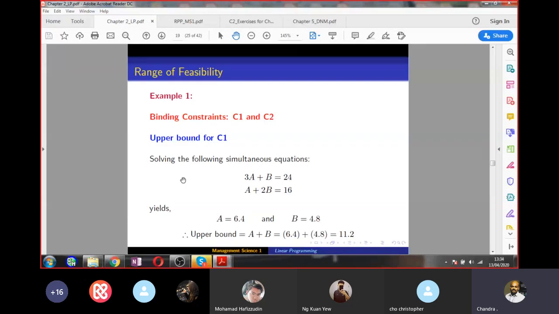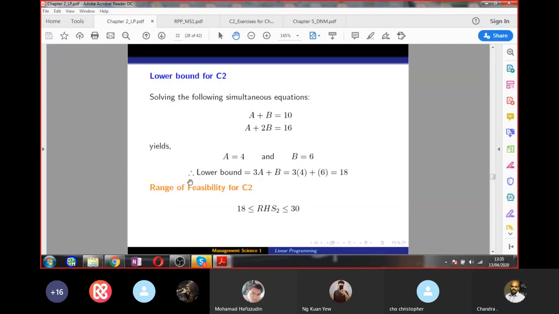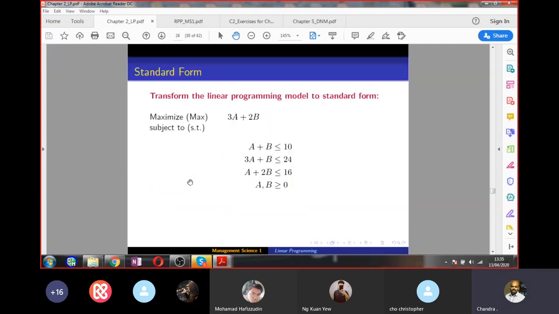Once the MCO is finished and we meet in class, hopefully I can go through this with you. For the time being, hold on this. Today we will move on to standard form.